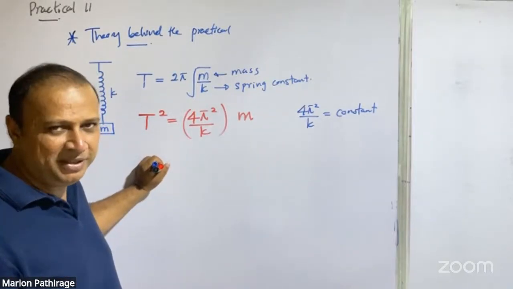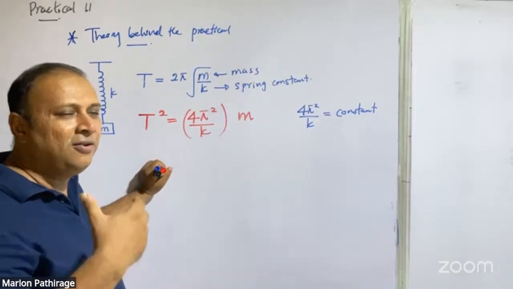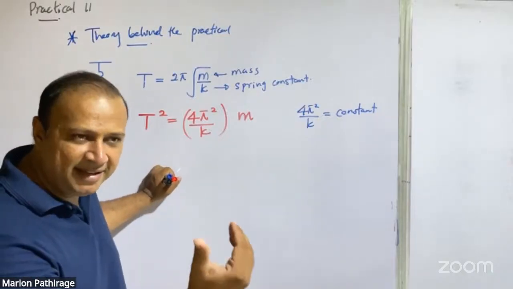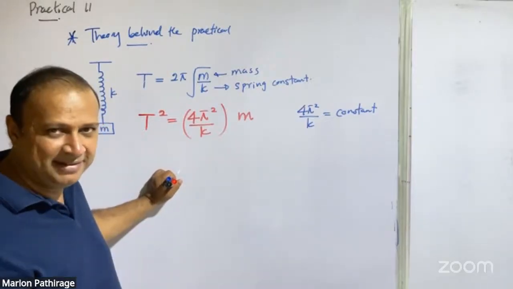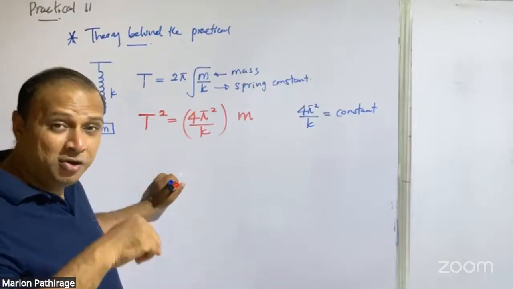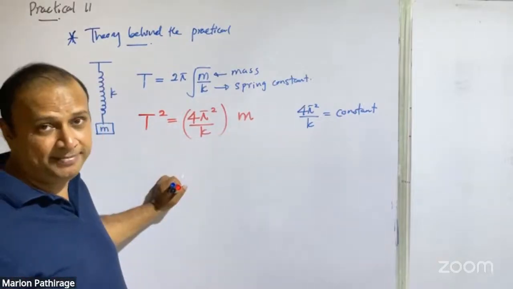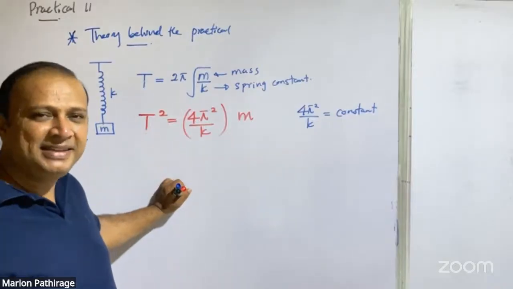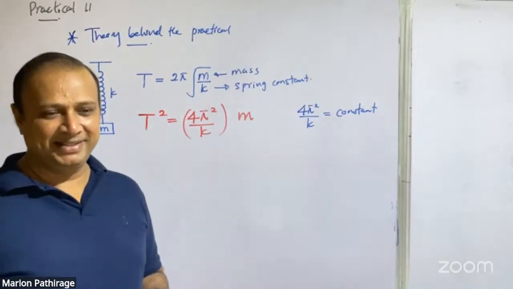The variable or the factor that we are going to change during the practical is the independent variable, and the variable that we are going to measure by changing the first factor is called the dependent variable. Is that clear? ඒක තේරෙනවද තුස්සන්?